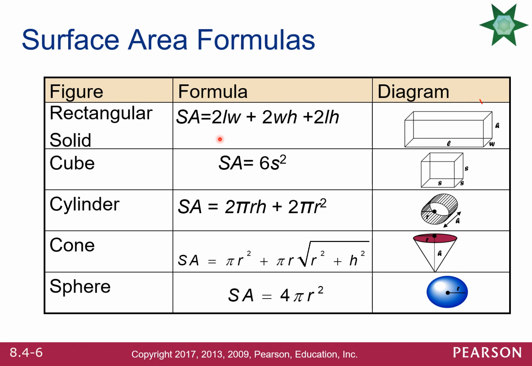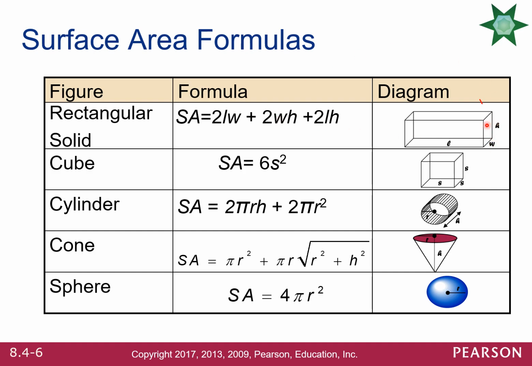So 2 times LW, because the opposite sides of a rectangular box will have the same area, correct? So when we take 2 times L times W, that's the area of the bottom as well as the area of the top. So this sums up the areas of the top and the bottom, and then we have 2 times WH, which would be the areas of the sides to the left and the right.